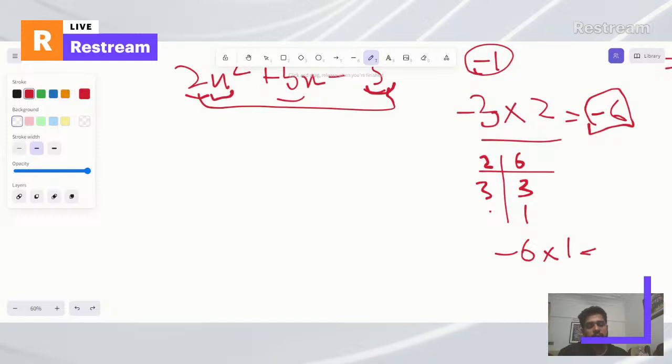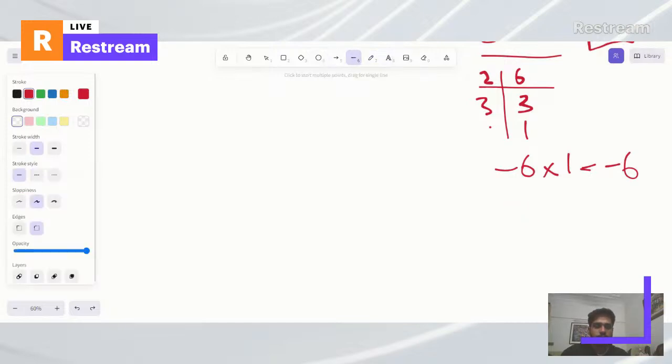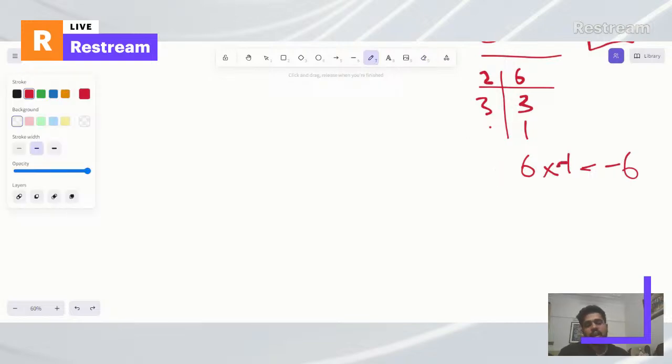If I multiply them, I get -6. But instead of -6, I take -1: 6 times -1 is -6, and if I add them, it's 5, right?